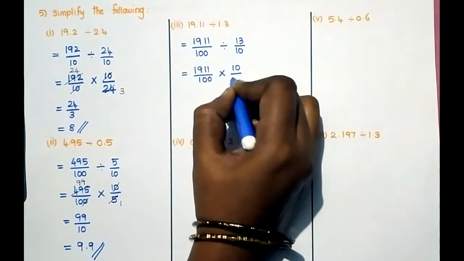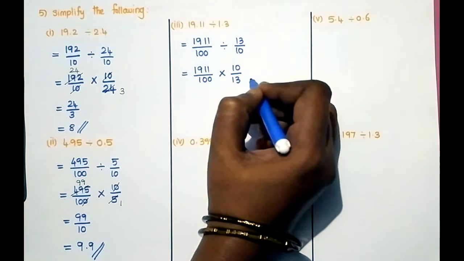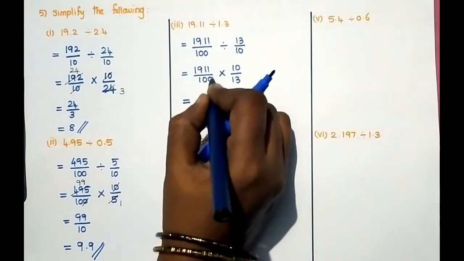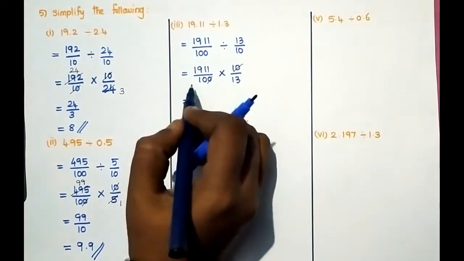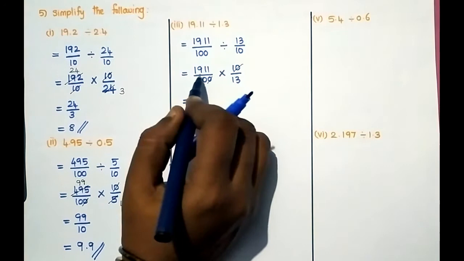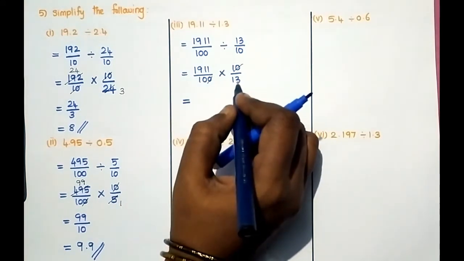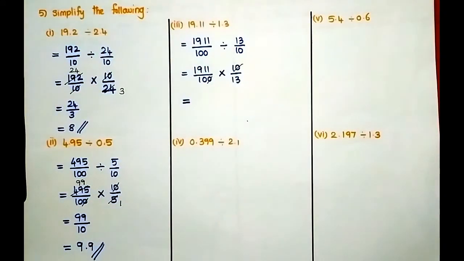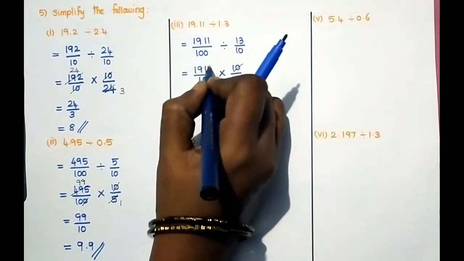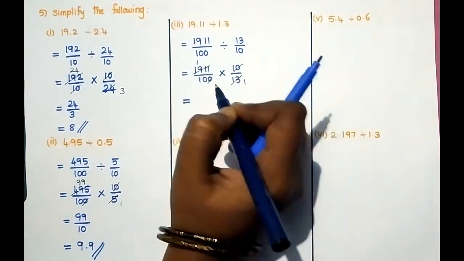So 10 by 13. Now cancel the 0, 0, and then here 13th table, cancelled by 13th table. 1 13 is 13. Here 1 13 is 13.